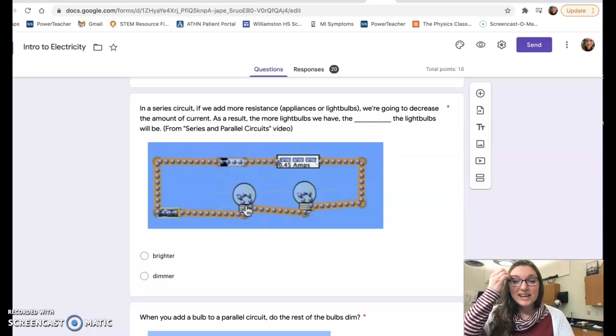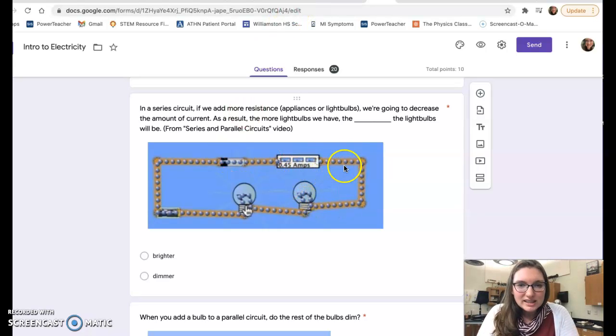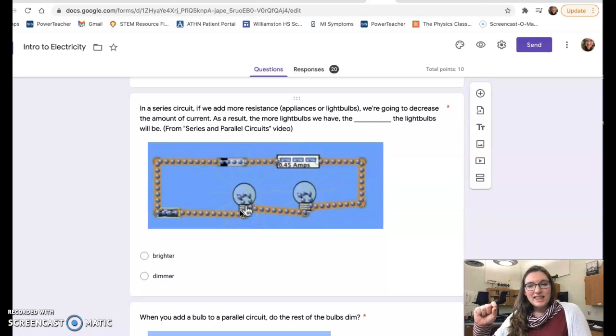So a series circuit has just one wire that these electrons are traveling through, and each time it has to go through what's called a resistor, or an appliance, a light bulb, whatever, the amount of amps is lessened by half in this example.